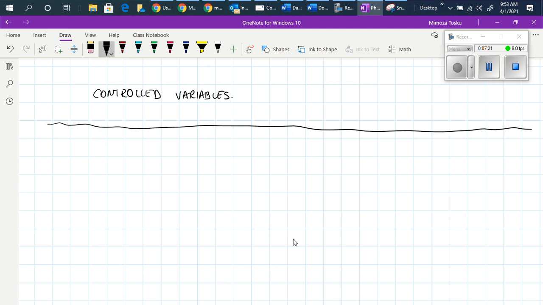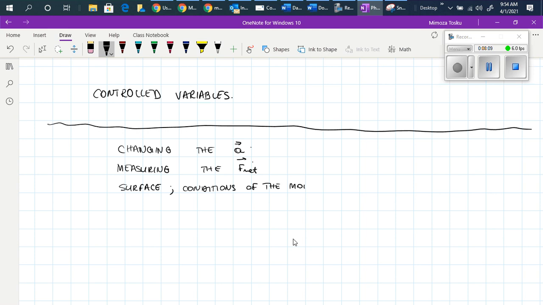Let's suppose that we are having an experiment in which we are changing the acceleration of an object, and we are measuring the net force of the object, keeping the surface conditions of the motion and the mass constant.